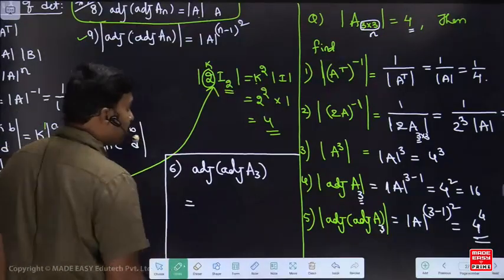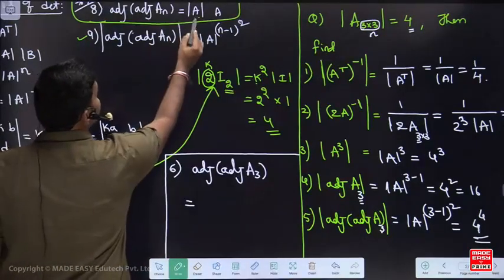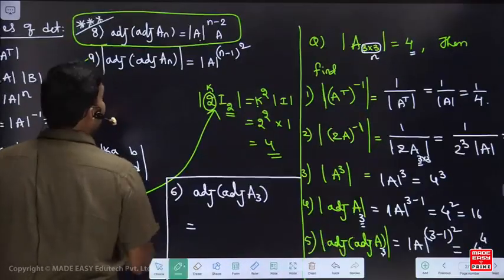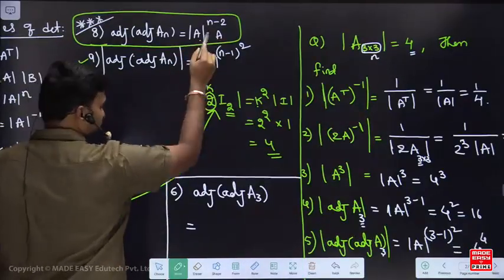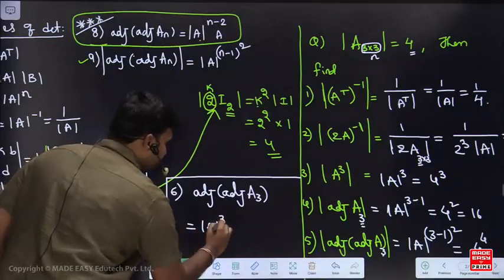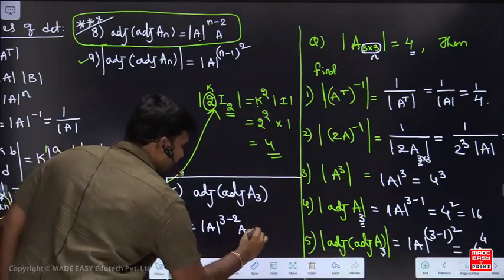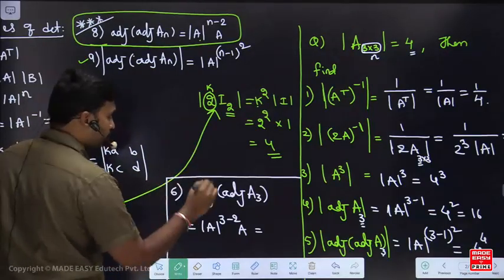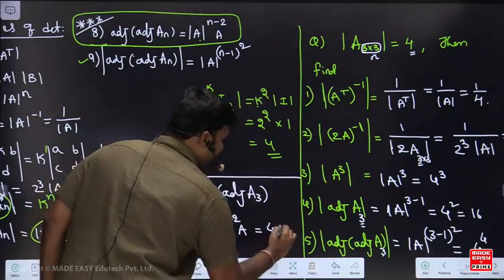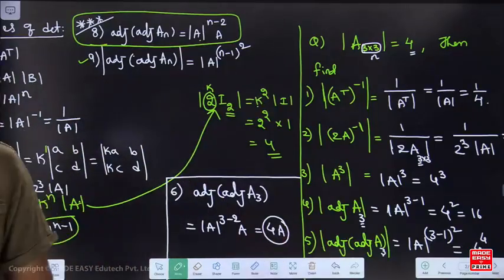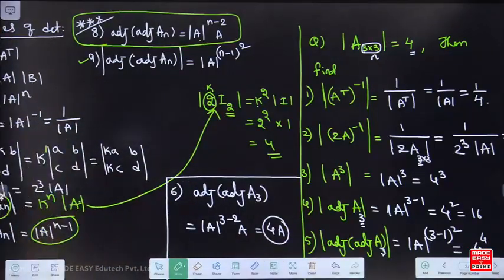Adjoint of A, 3 by 3, is nothing but mod A to the power of n minus 2 into A. So mod A to the power of 3 minus 2 into A. So mod A is how much? Mod A is nothing but 4. So it is 4A here. Hope you understood this, right?